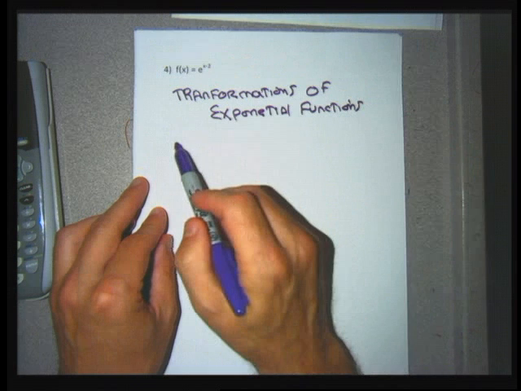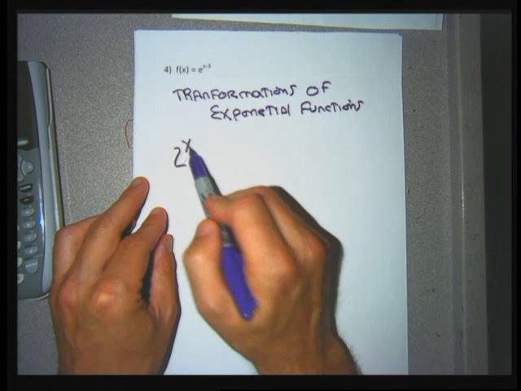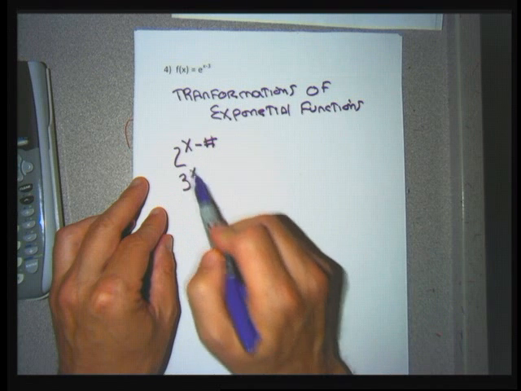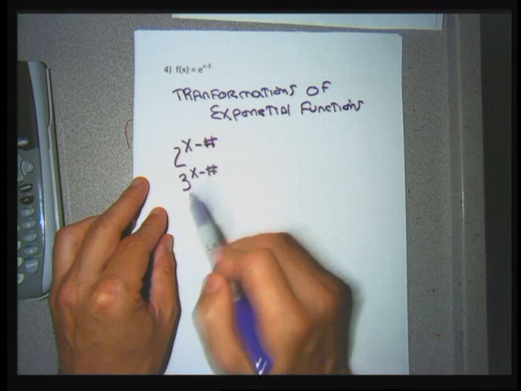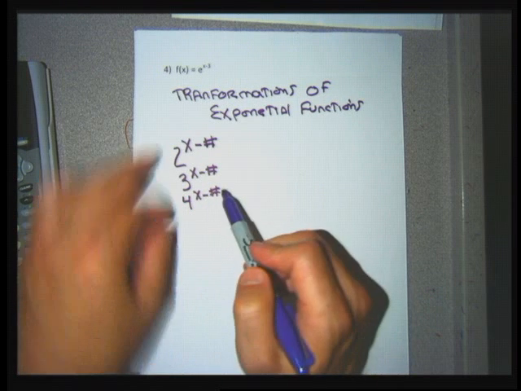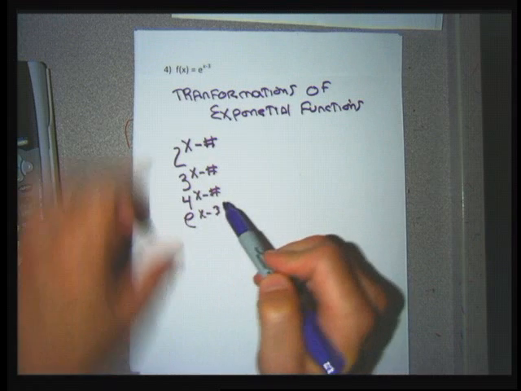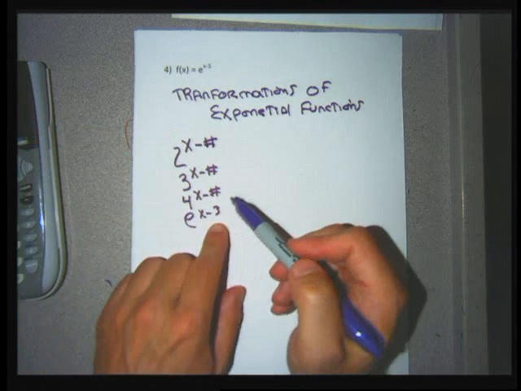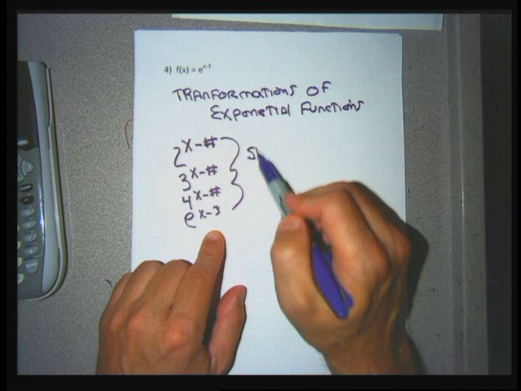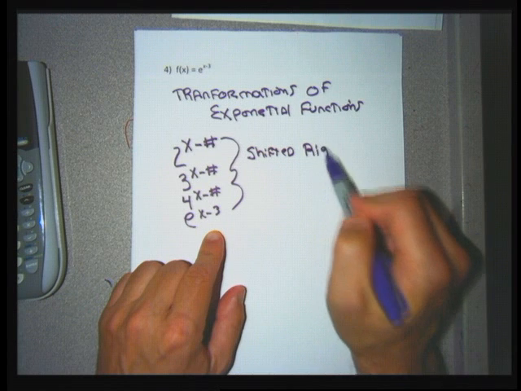So if in the exponent I have x minus some number, it doesn't matter what the base is. If I have e to the x minus 3, with an x and then a minus some number in the exponent, the graph will be shifted to the right that many units.